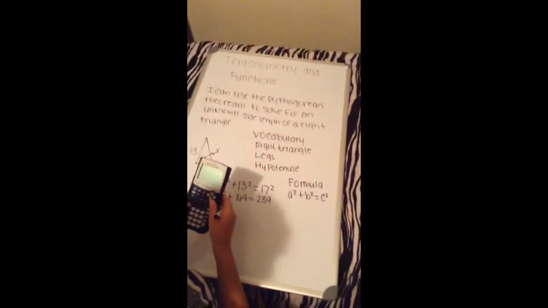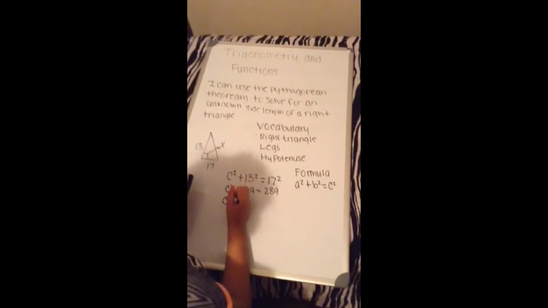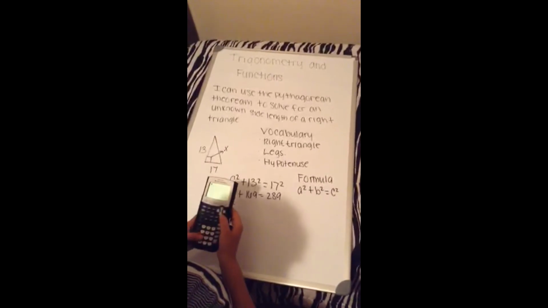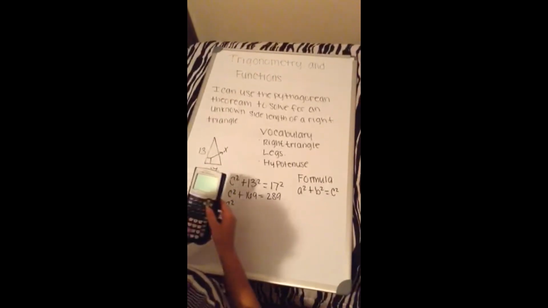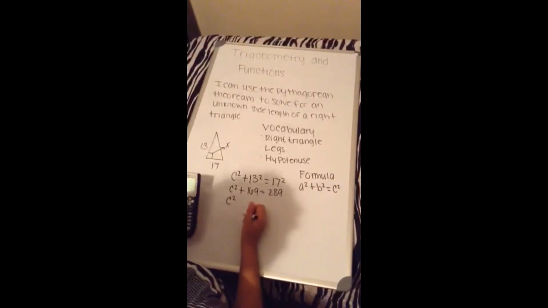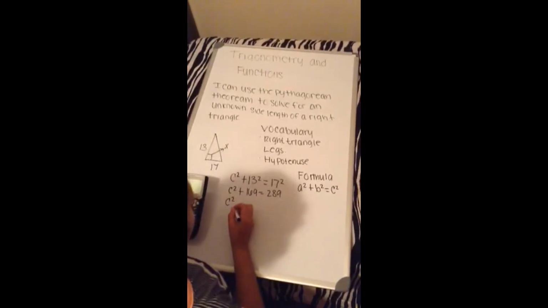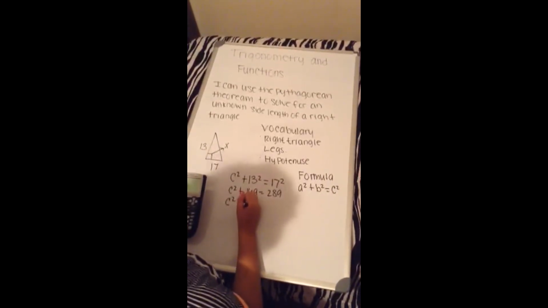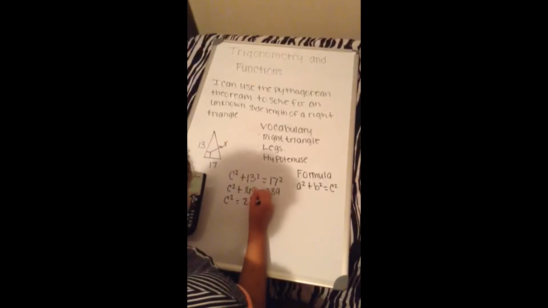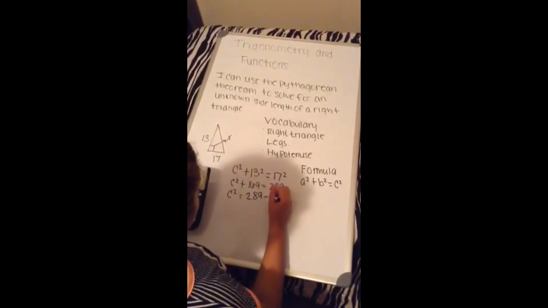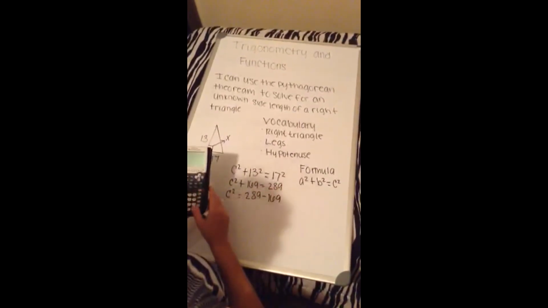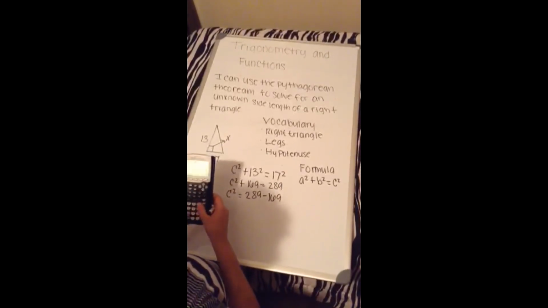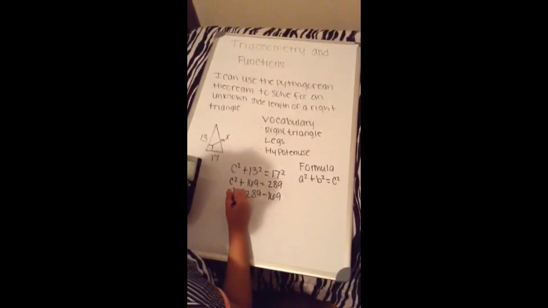Okay? And then after that you have to find out what C squared is equal to. So C squared is equal to 289 minus 169. And 289 minus 169 is equal to 120.